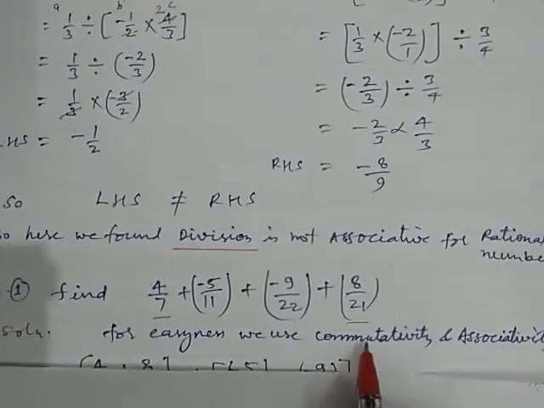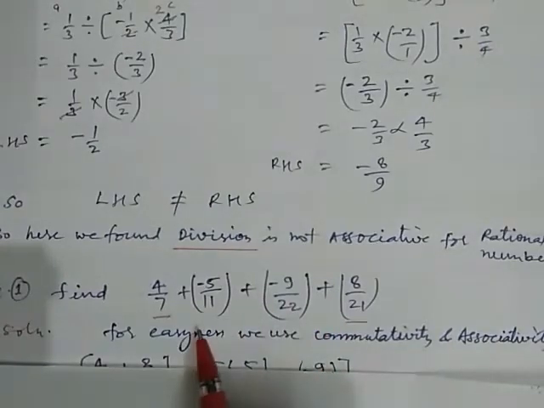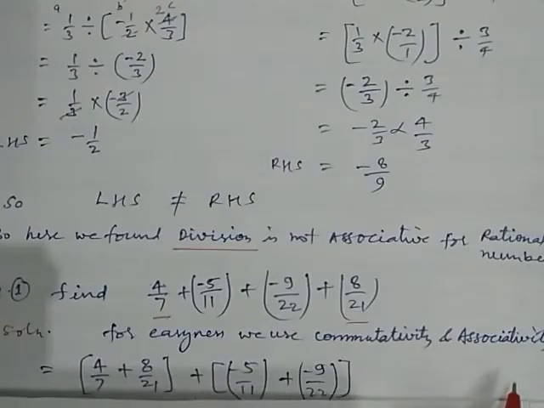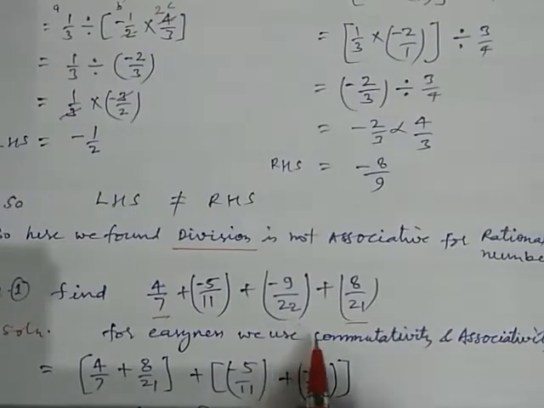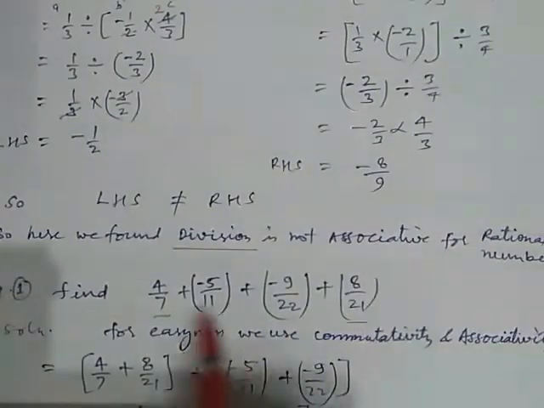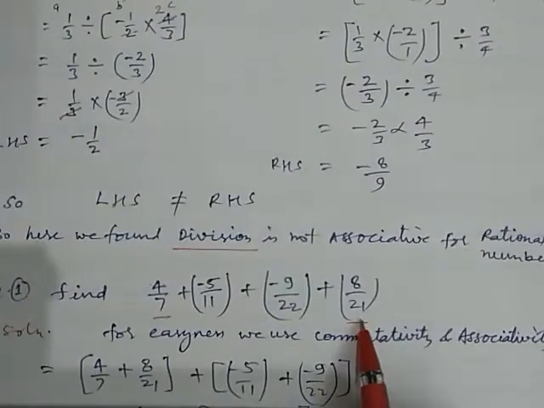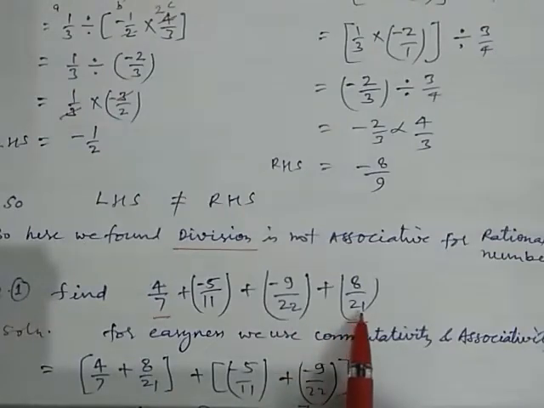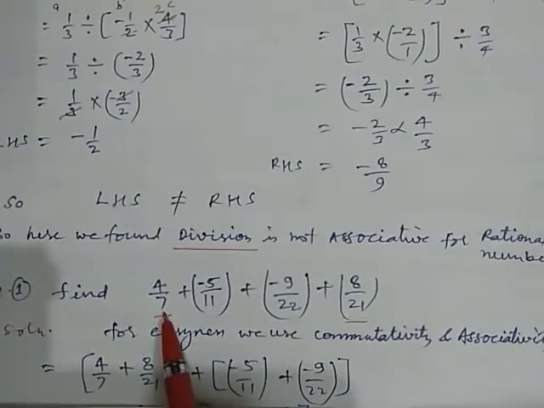By using commutativity, first we change the order, and then we use associativity. So here we can see 4 by 7 and 8 by 21. In both of these fractions we can see 21 is the LCM.